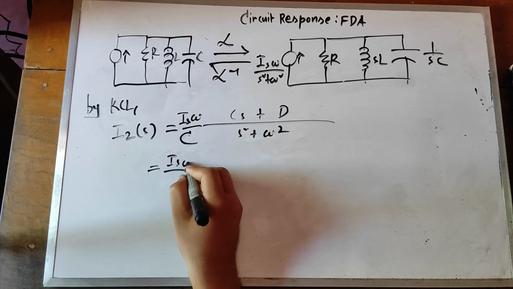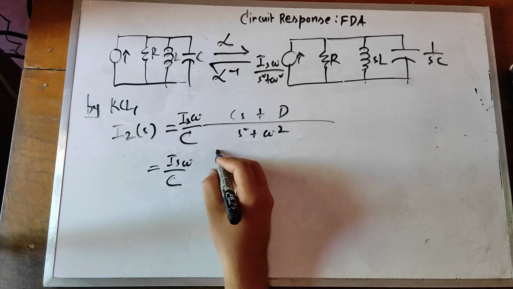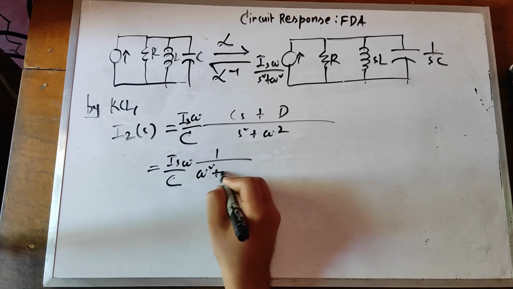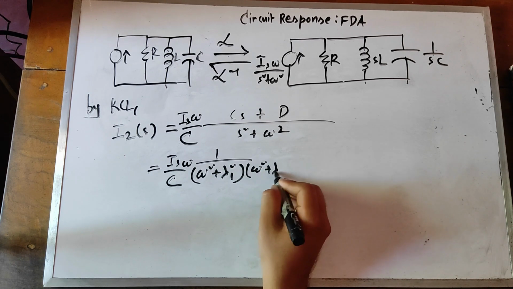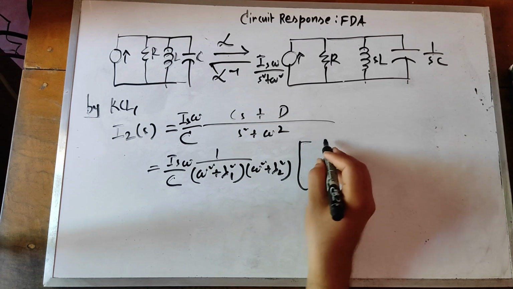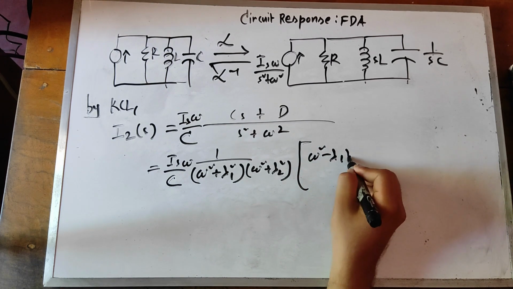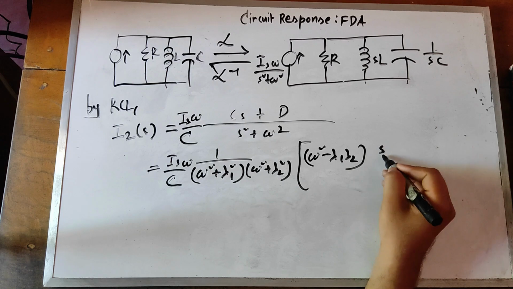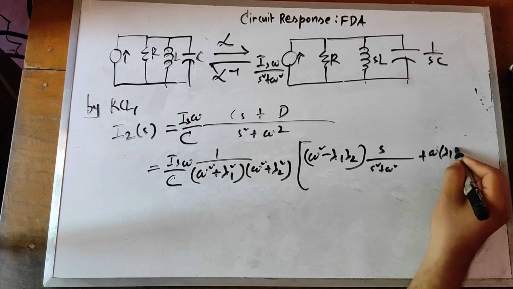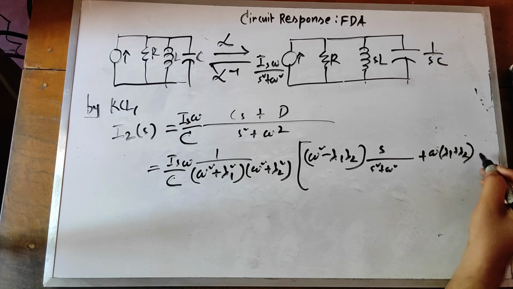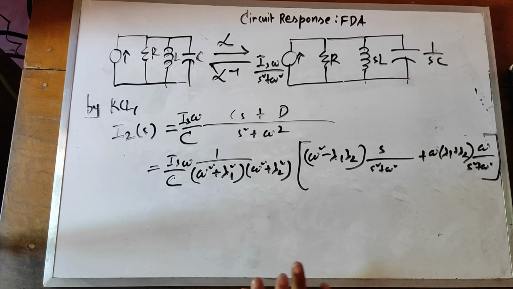Is omega by C, and 1 by omega square lambda 1 squared omega square plus lambda 2 squared omega square minus lambda 1 lambda 2 s by s square plus omega square, plus omega times lambda 1 plus lambda 2 omega by s square plus omega squared. So this is the steady state part for the parallel RLC circuit.